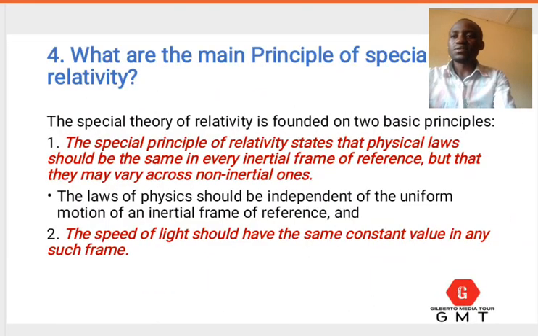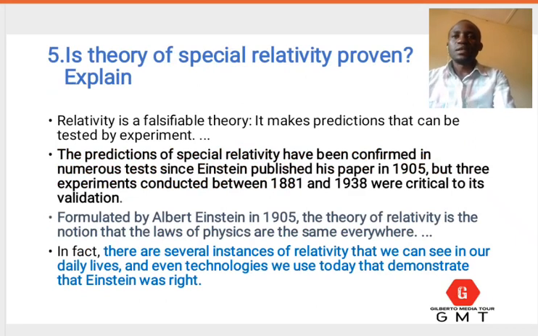So the last question: is the theory of special relativity proven? Explain if the theory of special relativity can be proven. Yes, the theory of special relativity can be proven. According to Einstein, relativity is a verifiable theory. It makes predictions that can be tested by experiment.